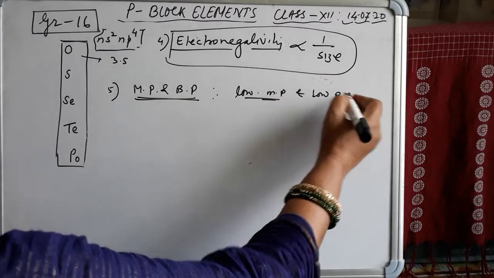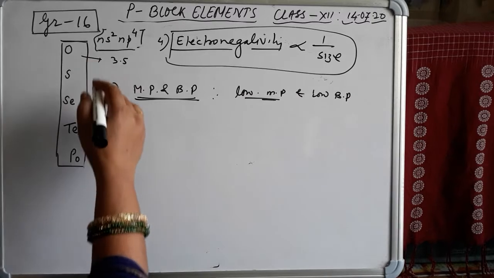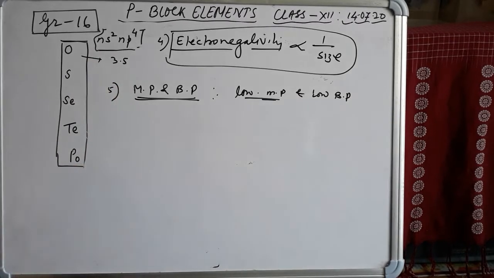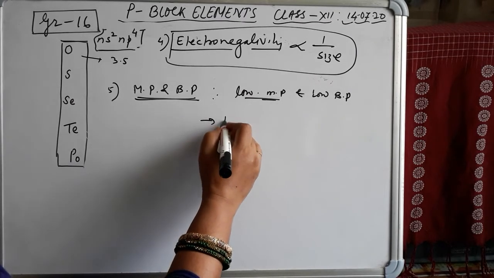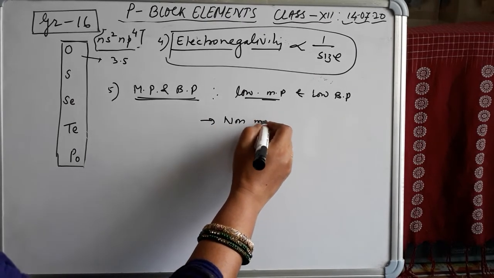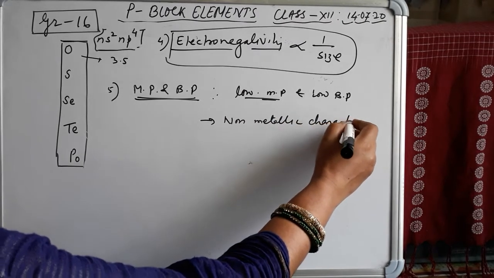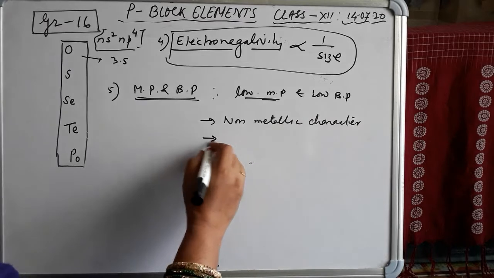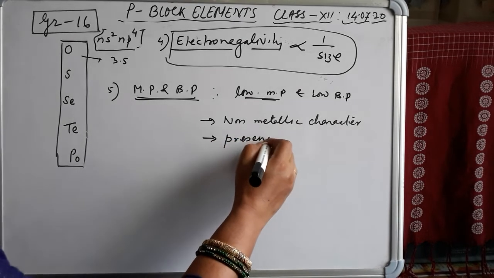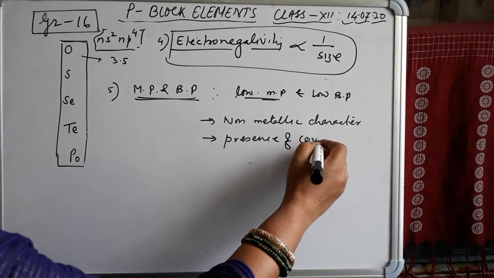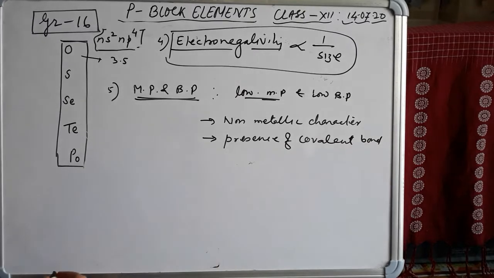These family members have generally low melting and boiling points because of non-metallic character and the presence of covalent bonds.